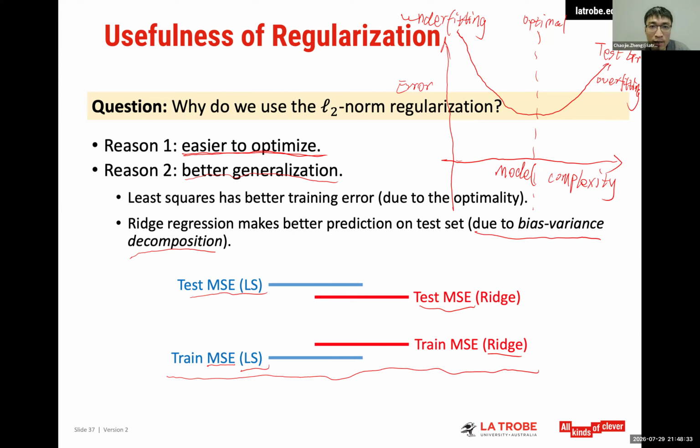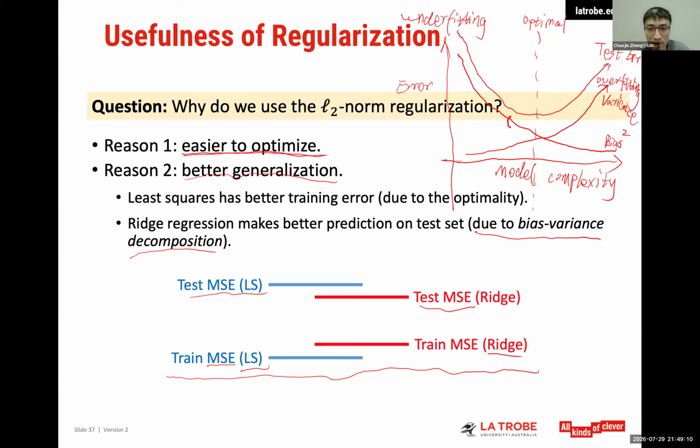The curve that keeps going down is the bias or squared bias, and the curve that keeps going up is the variance.